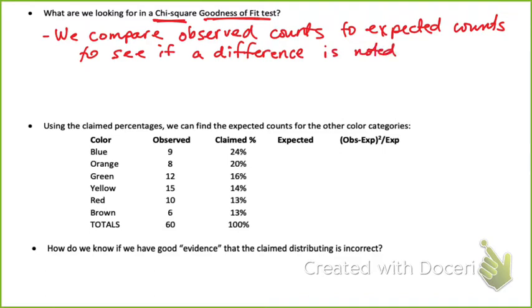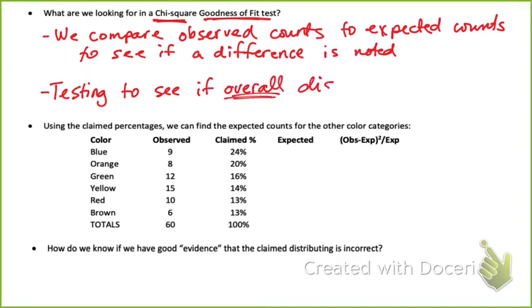We compare our observed counts to our expected counts to see if a difference is noted. And we're looking to see if the overall distribution is correct or not. Okay? We are testing to see if the overall distribution is correct.